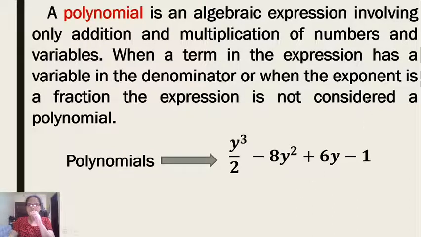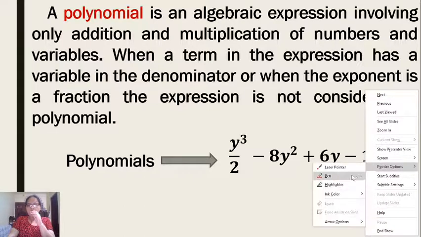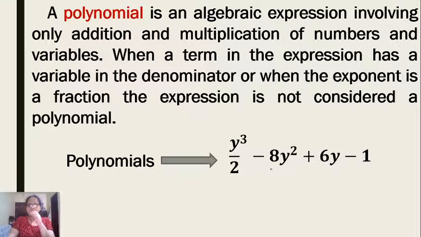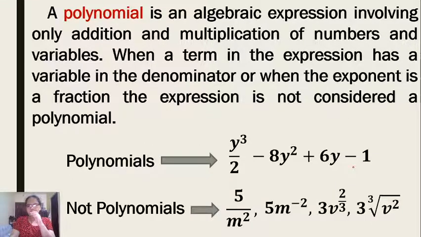An example of a polynomial is the algebraic expression y cubed over 2 minus 8y squared plus 6y minus 1. In here, we cannot see any fractional exponent or a variable in the denominator. Non-polynomials are 5 over m squared, 5m raised to negative 2, 3v raised to 2/3, and 3 times the cube root of v squared.